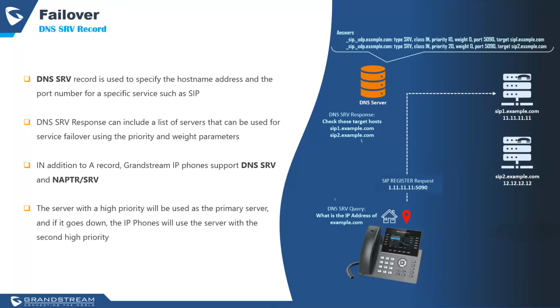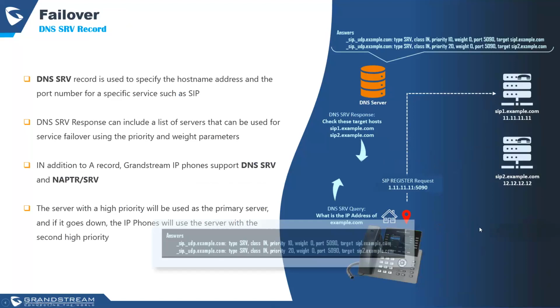So in addition to specifying the port number for the service, DNS SRV record can also provide a list of host name addresses to be used for the same service, so that the endpoint device can use that list for failover. So the example in the image shows the IP phone sends a DNS query for the SRV record for the hostname example.com, and the DNS server responds with a list of 2 target hosts.